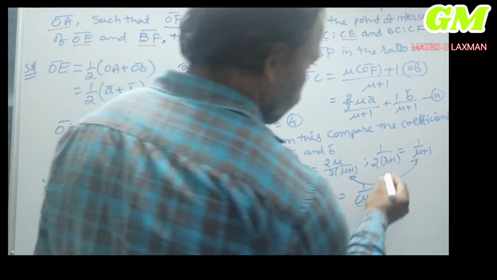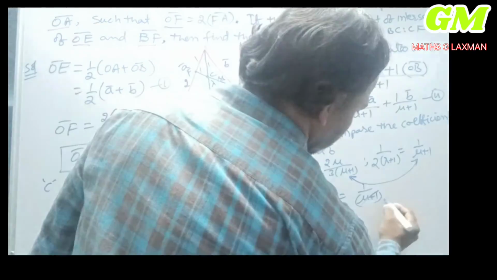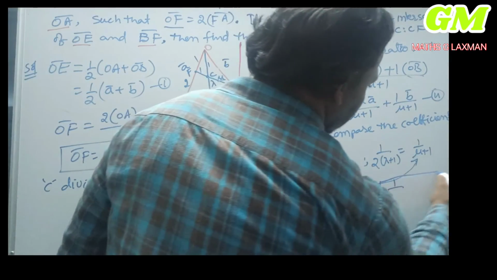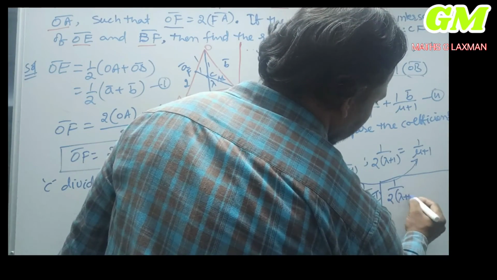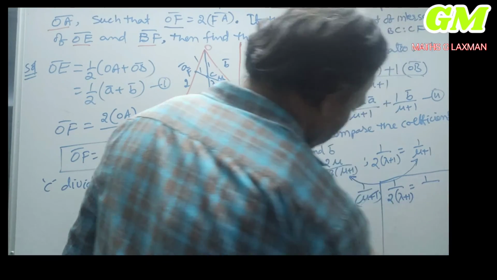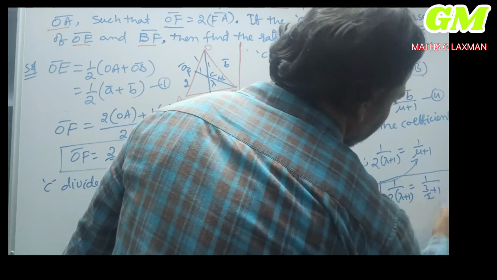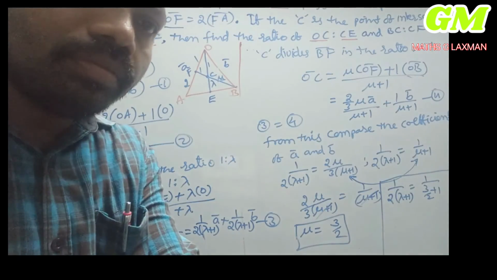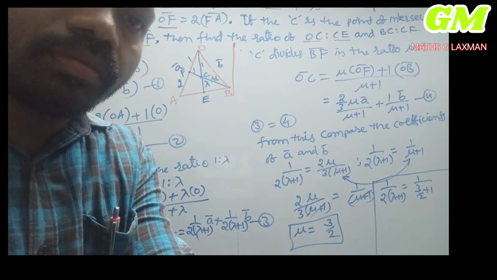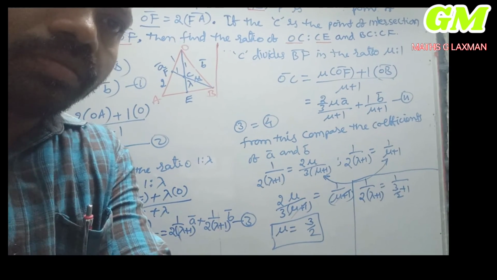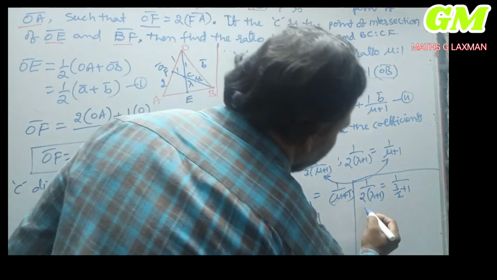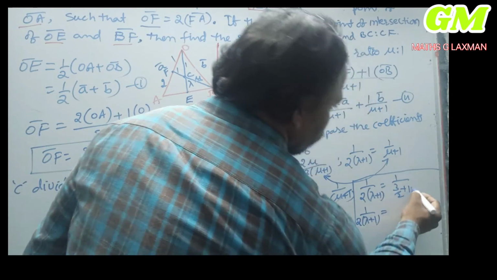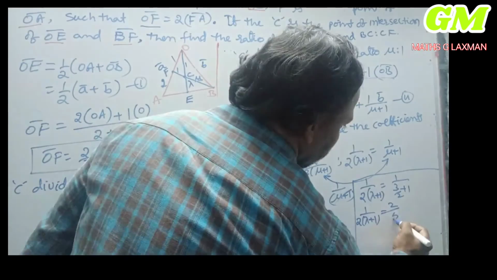Now we find lambda, substituting here. 1 by 2 times of lambda plus 1 is equal to 1 by mu plus 1, where mu is 3 by 2. When you do the cross multiplication, 1 by 2 times of lambda plus 1 is equal to 2 by, 3 plus 2, 5. So that is equal to 2 by 5.